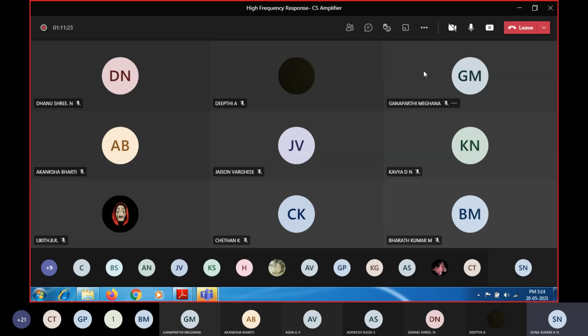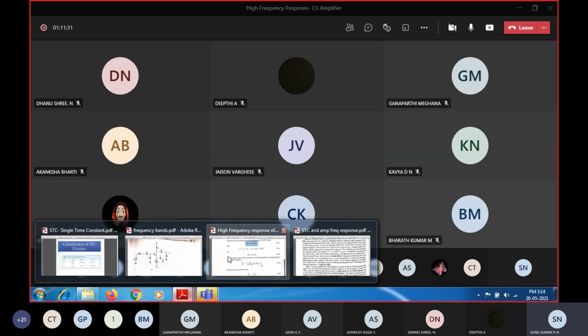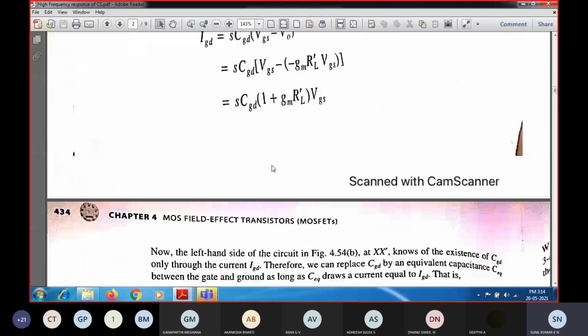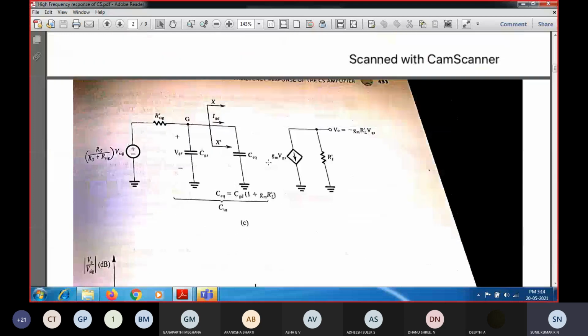So for that, you are going to consider the current has to be the same like this. I cannot directly consider this equivalent resistance as this one, because if I want to modify, between the gate and drain this capacitance is there.